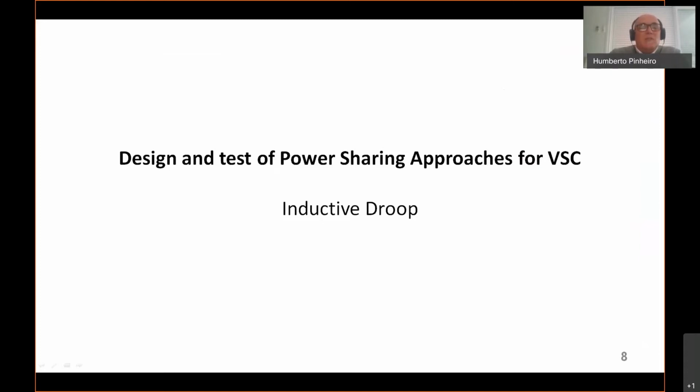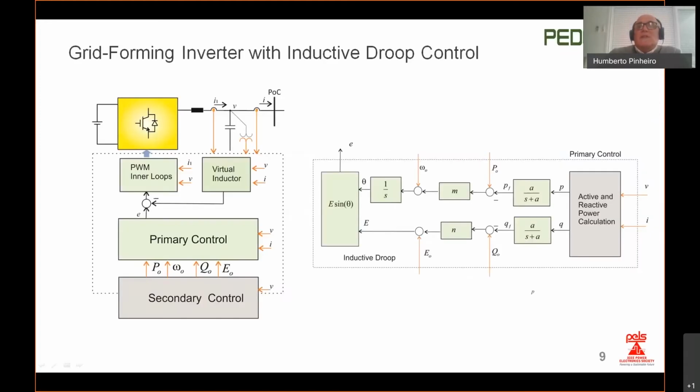Basically, we're going to start with the inductive Droop. Droop control has its principle in the operation of synchronous generators, where the active power is linked with the frequency and the reactive power with the voltage. Since a synchronous generator has an inductive output impedance and is connected to an inductive network, we decided to consider the inductive Droop.